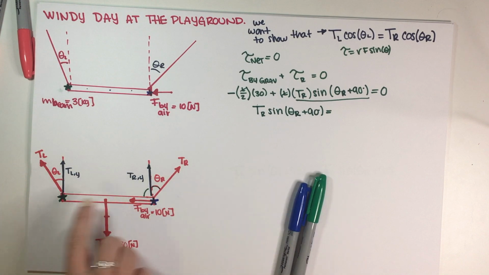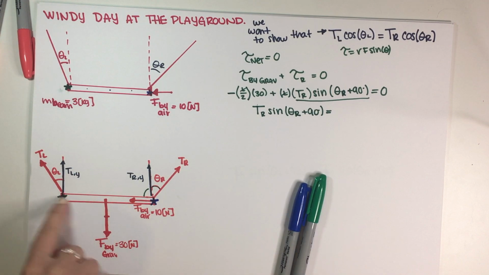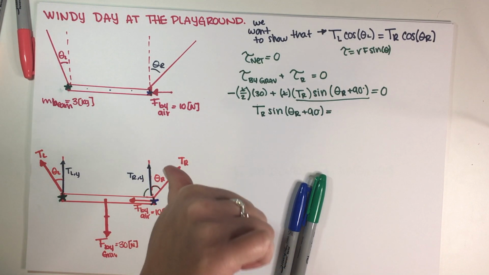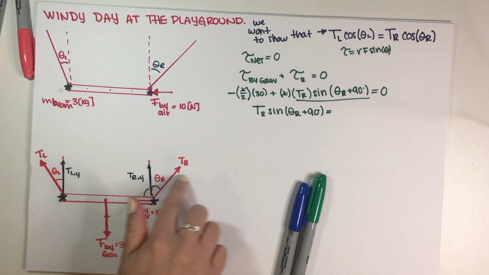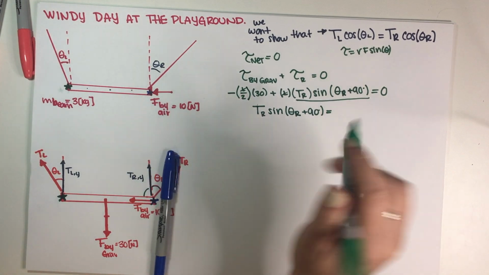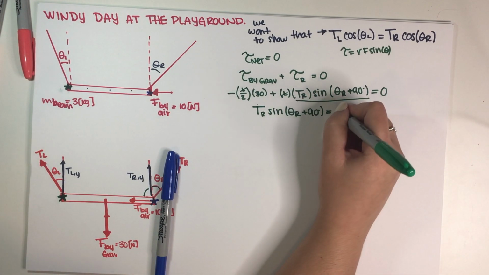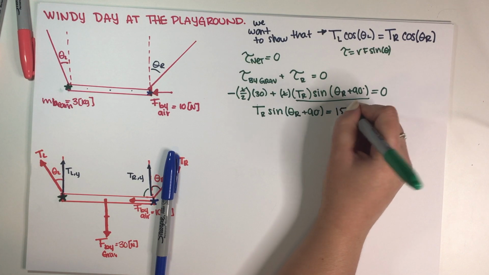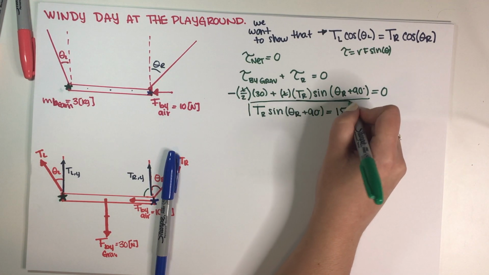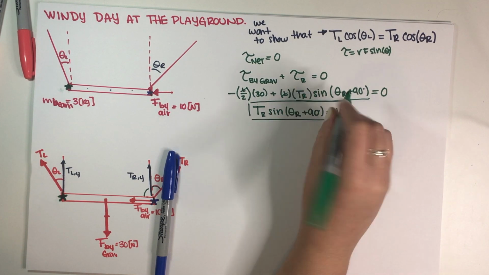Sorry about that, but this has to be negative because if you use your right hand rule, torque by gravity goes into the page while torque by the right string goes out of the page. Into the page is negative, so I was missing this. So this goes to the other side of the equation, and this is equal to 15 because that's 30 divided by 2. So I'm just going to go ahead and keep this.